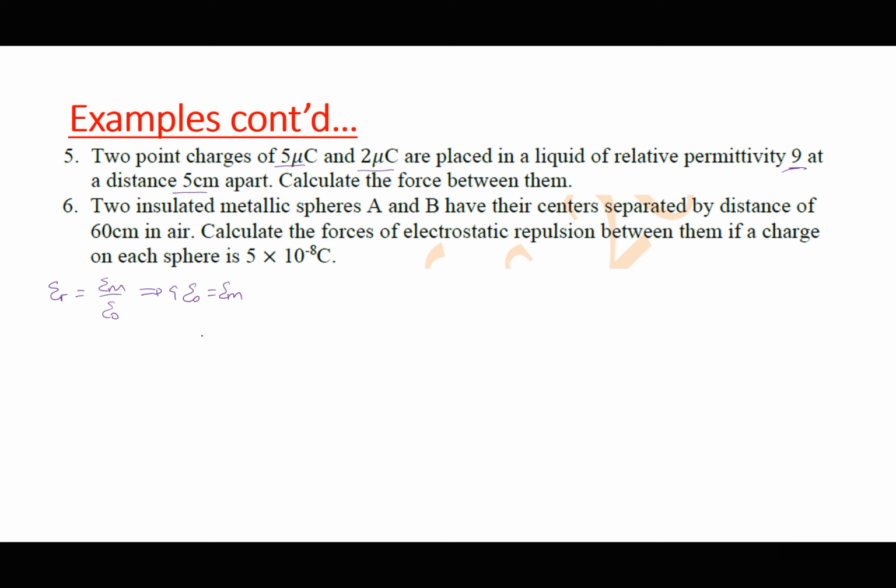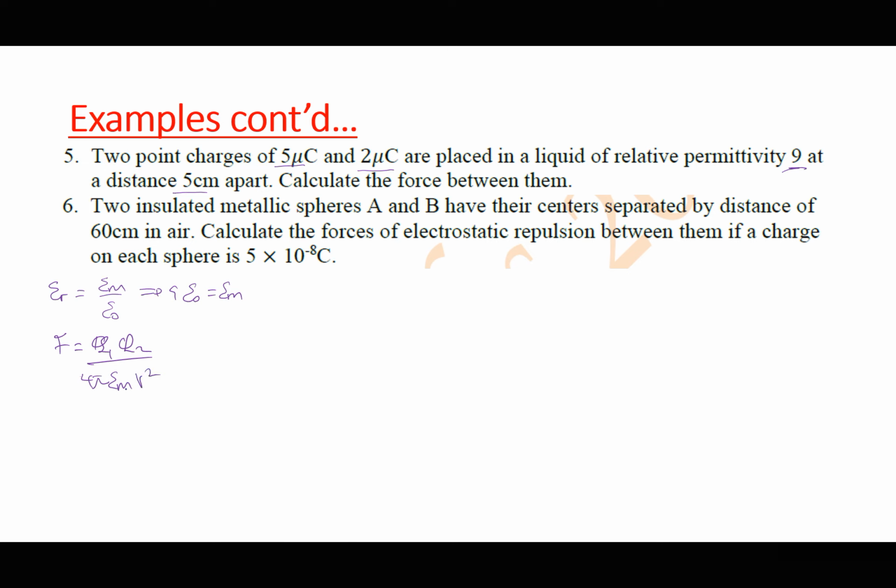So we want to find the force between the two charges. The force is equal to a constant, or this will be Q1 times Q2 over 4 pi epsilon m times r squared.